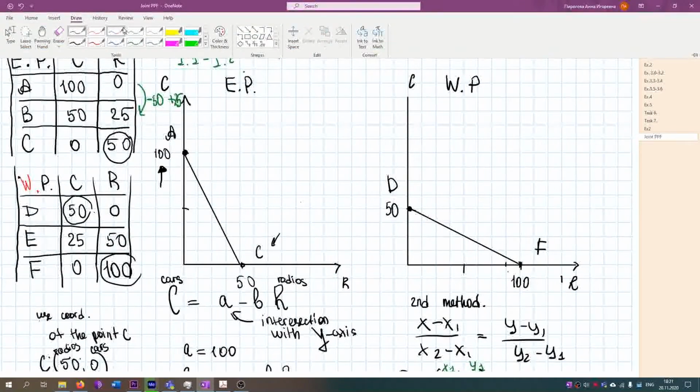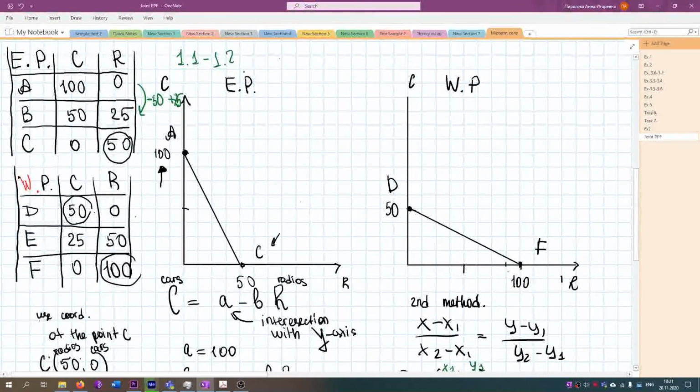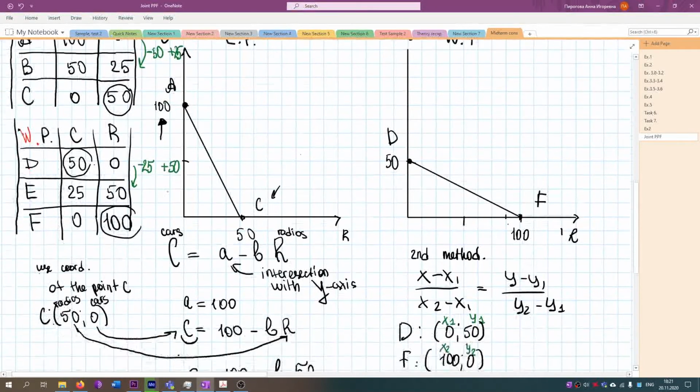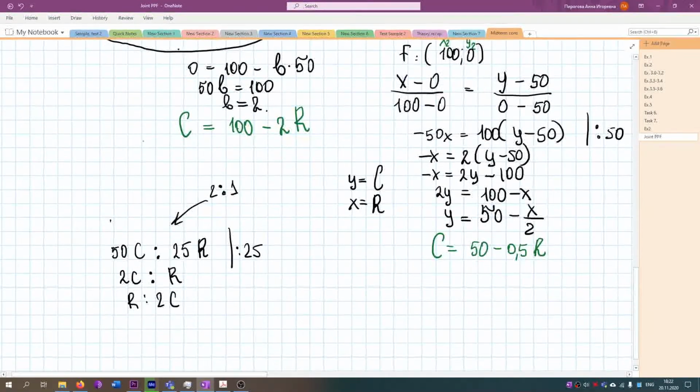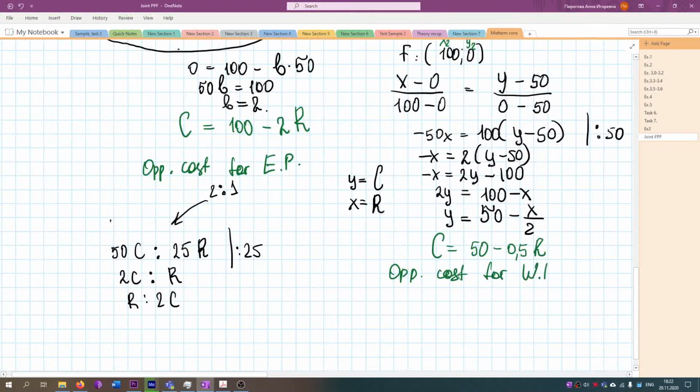Now let's do the same with the Western production. Here we have minus 25 for cars and plus 50 for radios. So let me write, so it's opportunity cost for Eastern production, and here I'll write opportunity cost for Western production.